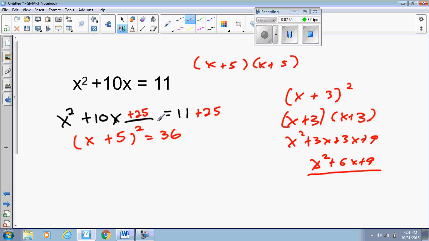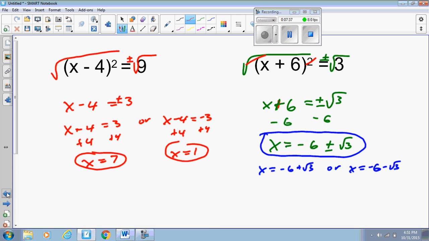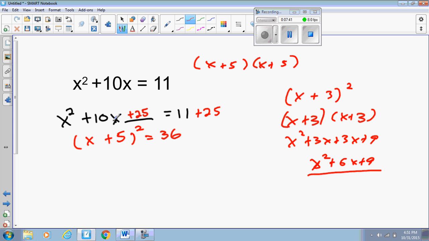So that's what I have. Now what I've done is taken a new problem and turned it into an old problem similar to that. So now I take the square root of both sides, and the square root here, plus or minus. So x plus 5 equals plus or minus, the square root of 36 is 6.